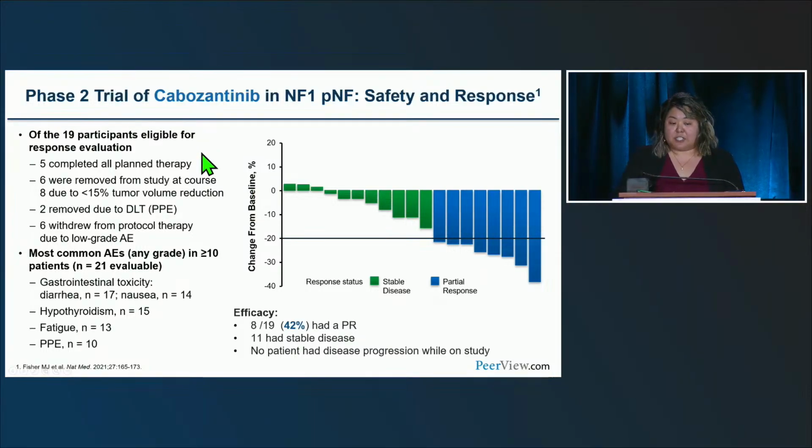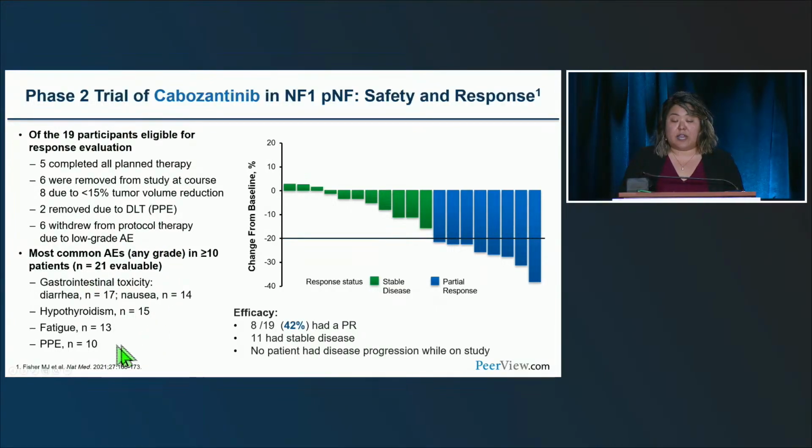So there were 19 patients that were eligible for response evaluation. 5 of those completed all planned therapy, and again, several of them were removed because of not meeting the criteria for the tumor volume reduction. There were also some who were removed for dose-limiting toxicities, and then there were also those who withdrew because of low-grade adverse events.